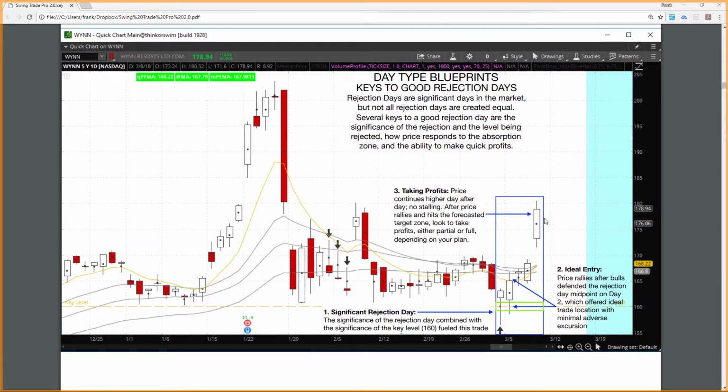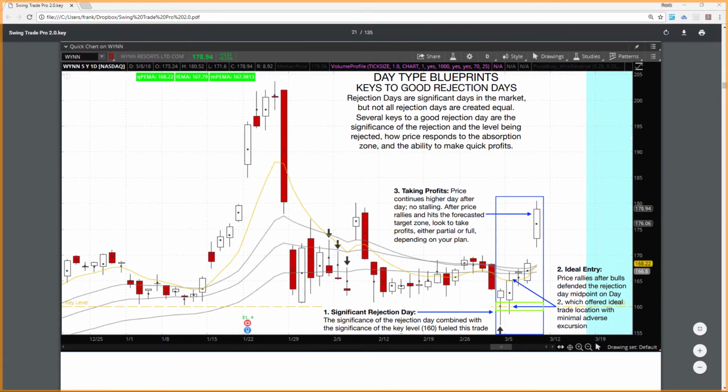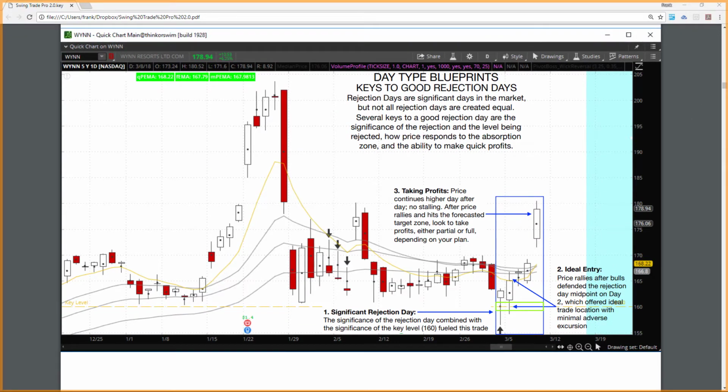Now if we go forward and look at how the rest of this trade played out, this is the day of absorption. It didn't turn into a full-on absorption day by the end of the day. It was more of an absorption morning. So price stayed here in the morning, held, bulls got in, but by the end of the day, price closed above the rejection day high and closed higher.